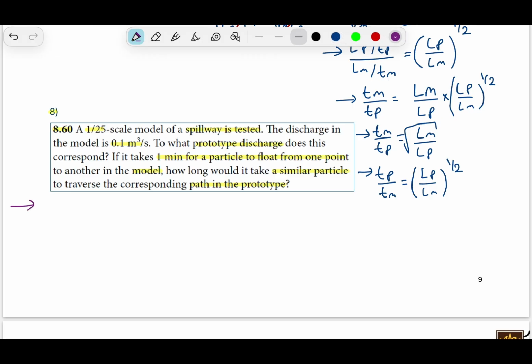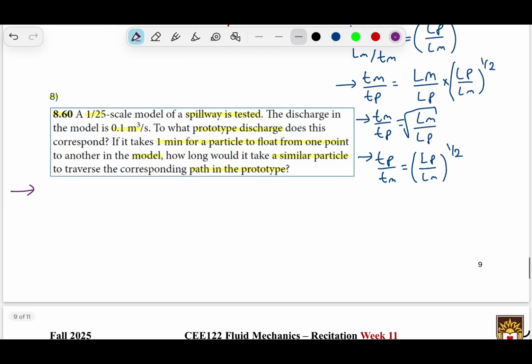And let me continue from this side. So here Tp is Tm times the square root of Lp over Lm. Actually, Tm was given as 1 minute.